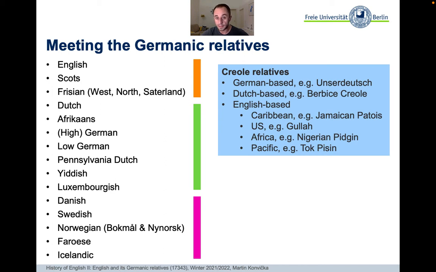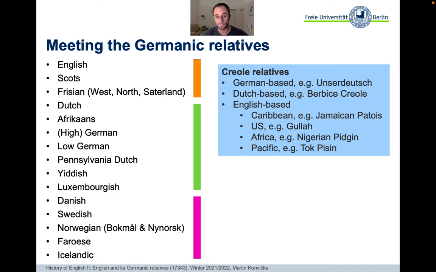The biggest group of Creoles are English-based, and they are spoken all over the globe due to the colonial history of the English speakers and the spread of the English language. So we can find English-based Creoles in the Caribbean, in the United States, in Africa, and on the islands of the Pacific Ocean.